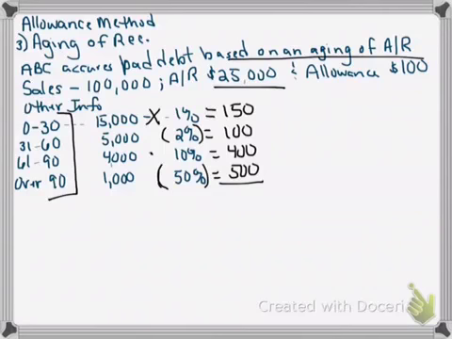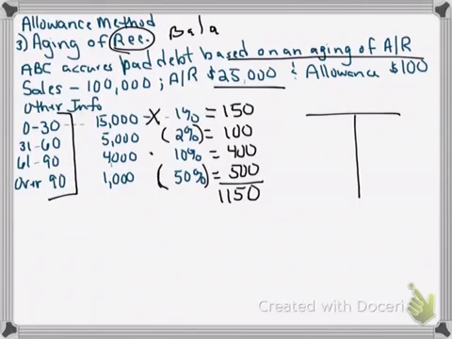So when I add all those amounts up, I get $1,150. So what that's saying, again, this is the balance sheet approach because we're looking at receivables. So this is going to be another balance sheet approach. So we have one approach that's income statement, two approaches that are balance sheet.